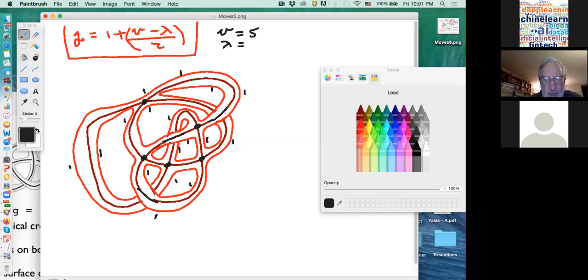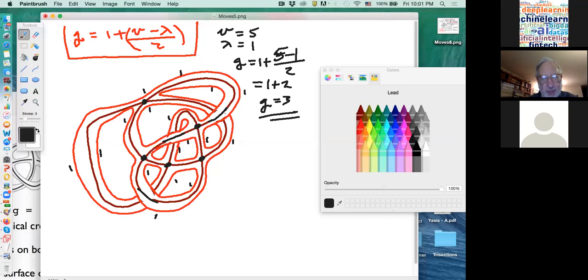Yeah, I did, didn't I? Everybody got traversed, right? So lambda is 1, and the genus is equal to 1 plus (5 minus 1) over 2, which is equal to 1 plus 2, so genus is equal to 3. So that means when you take this surface and you fit the disks on it, just one disk, you're in a genus 3 surface. And that's where that virtual knot would sit.